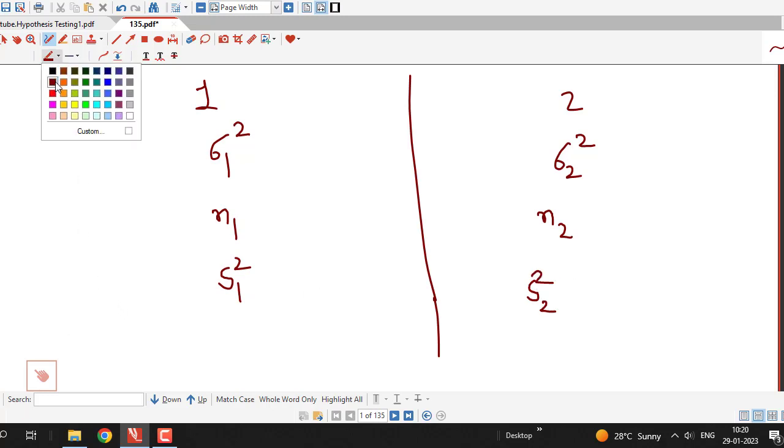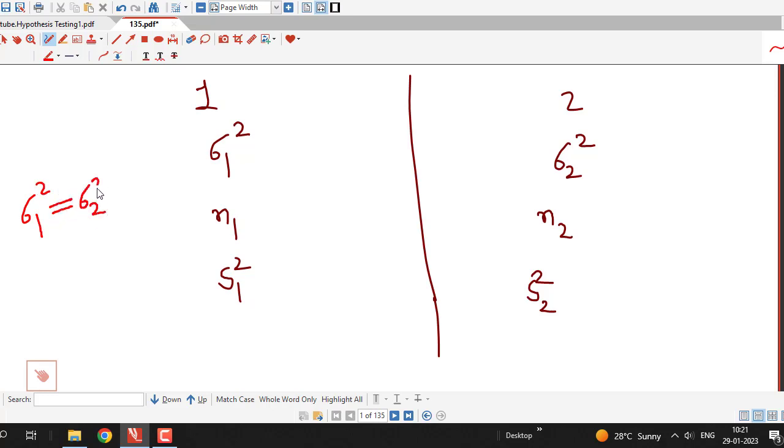We are interested in the test of equality of two population variances. We want to check whether sigma 1 square and sigma 2 square are same or different.